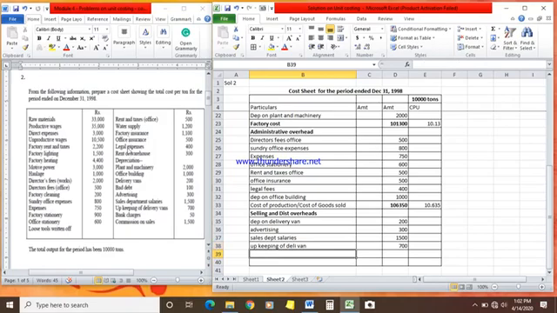Then we also had one more item, that is rent of a warehouse, amounting to 300. Bank charges, it's a financial expense, it is ignored. Finally commission on sales 1500.